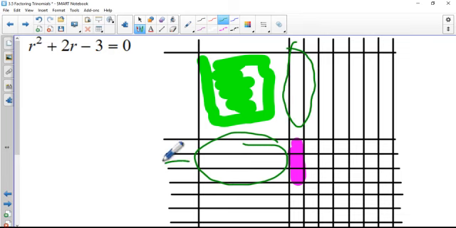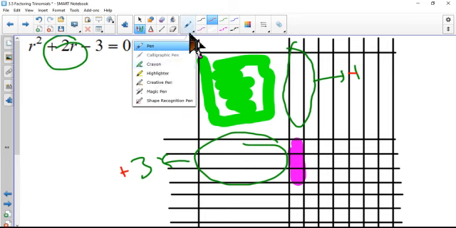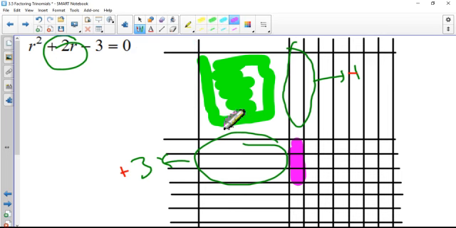Well, if I've got 3 tiles here and 1 tile here, how can I end up with plus 2 with 3 and 1? Well, it would have to be plus 3 and negative 1. So therefore, we have to color our table in accordingly.